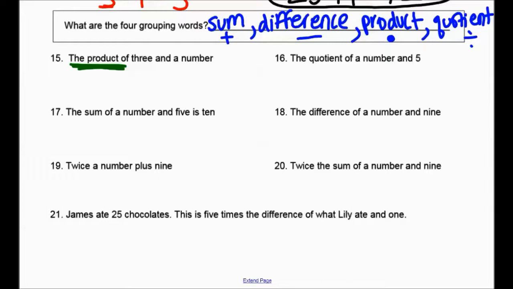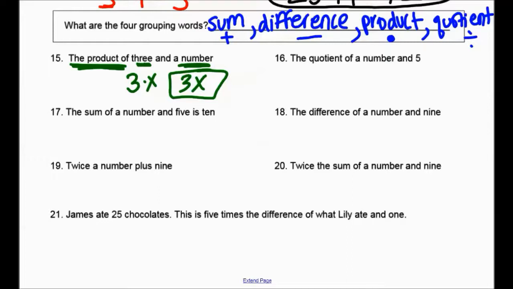So product means multiply. It's a product of this and that. So those are the two things we're multiplying. We're multiplying 3 and a number, but we write it like that. So it's the product of blank and blank. The product means multiply, so we're multiplying those two things.